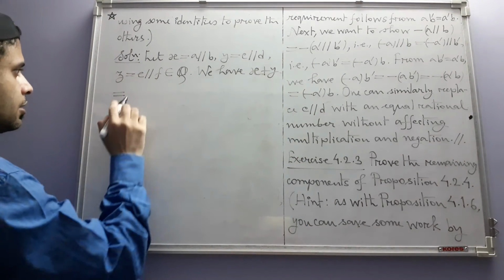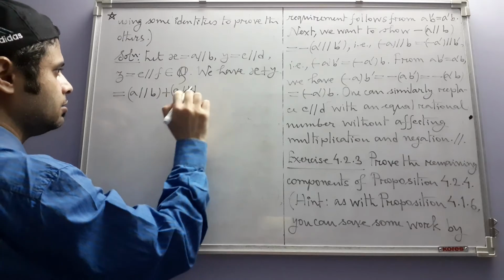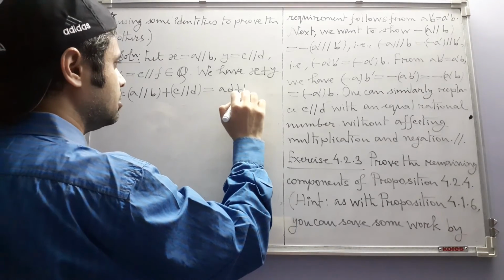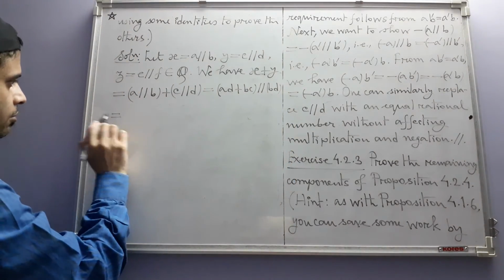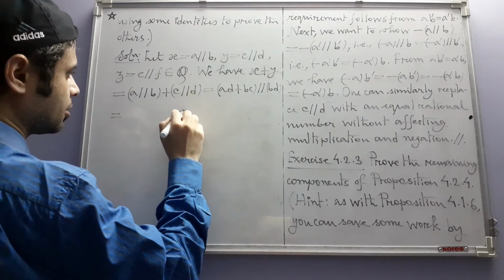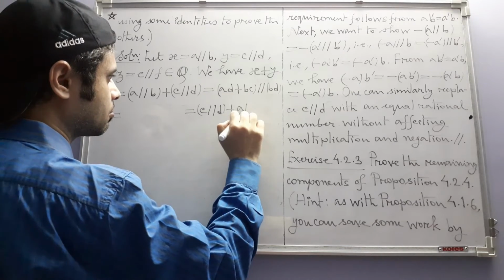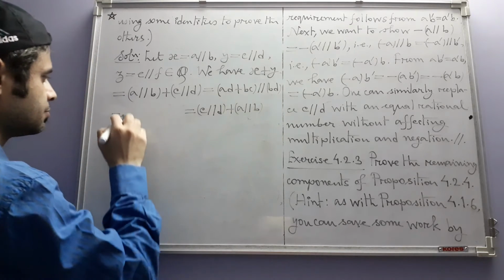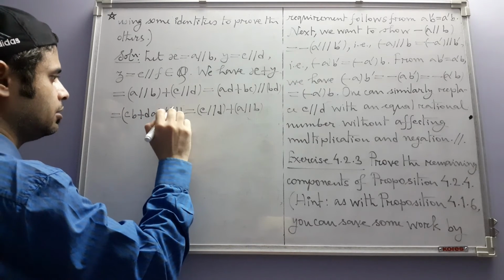We have x plus y equal to a by b plus c by d, and that is equal to AD plus BC by BD, and you can see that this is in turn equal to CB plus DA by DB.